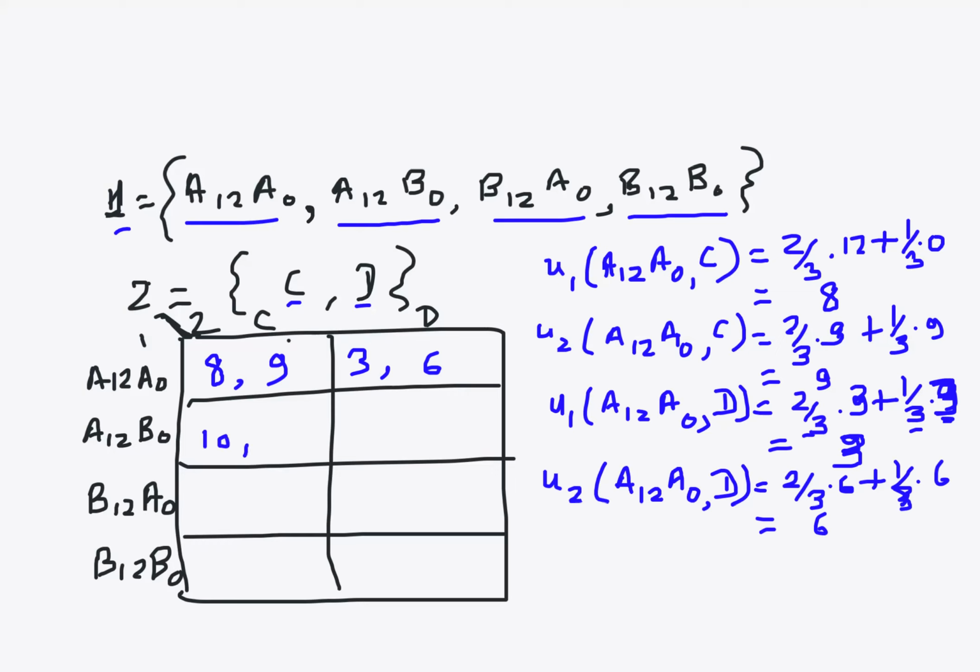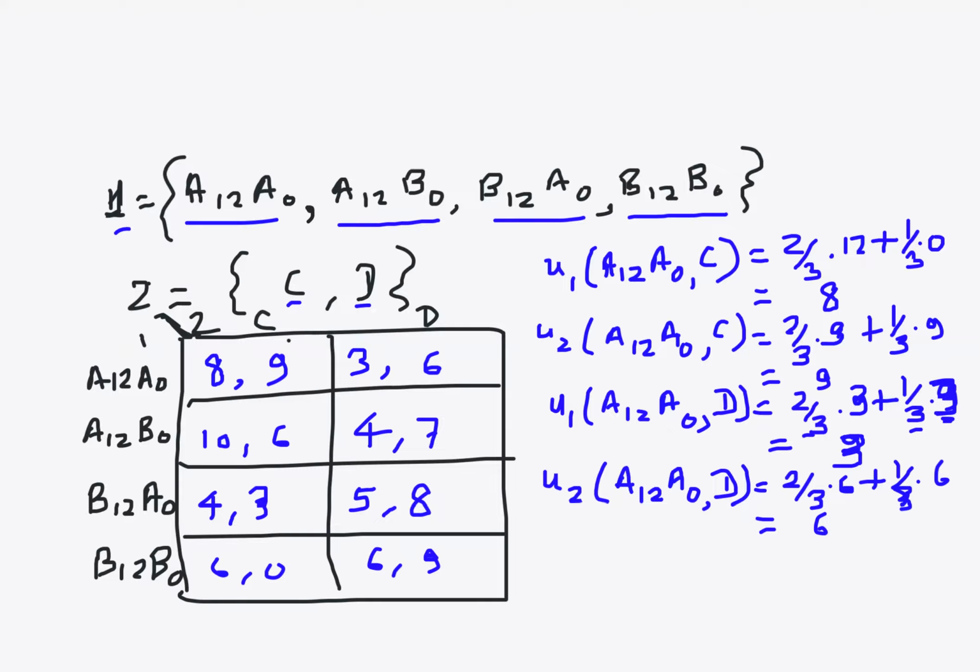So here it's 10 and 6, 4 and 7, 4 and 3, 5 and 8, 6 and 0, and 6 and 9. So this is your Bayesian normal form game, the representation of the incomplete information game.